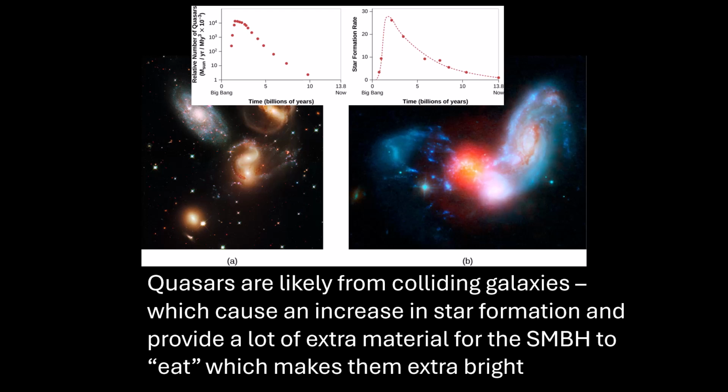Each of these galaxies would have a supermassive black hole in the center, and as they collide and interact, that creates a whole bunch more food for the active galaxy, for that quasar at the center. So the quasar becomes exceptionally bright because of all the extra dust and gas, possibly stars, that it's consuming, and just being merged into the black hole as a whole.